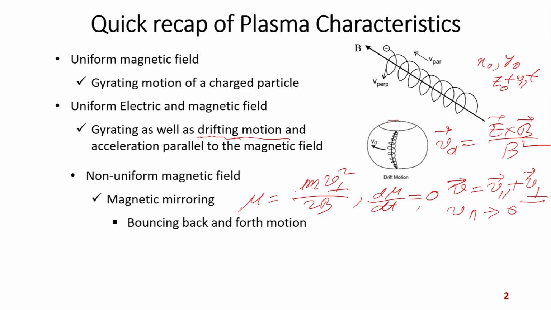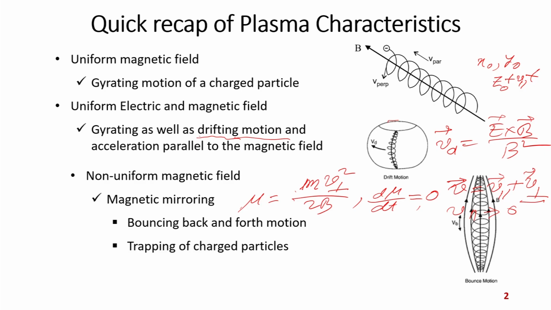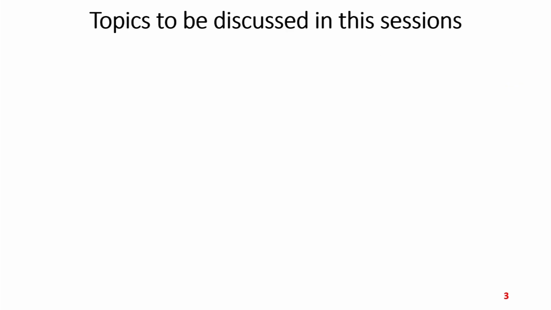So, it is basically bouncing back and forth. This is shown here: the magnetic field is increasing, so it bounces back between these two, the north pole and the south pole. Because of this, the trapping of charged particles happens, and this is the reason for the radiation belts, that is, the Van Allen radiation belts.